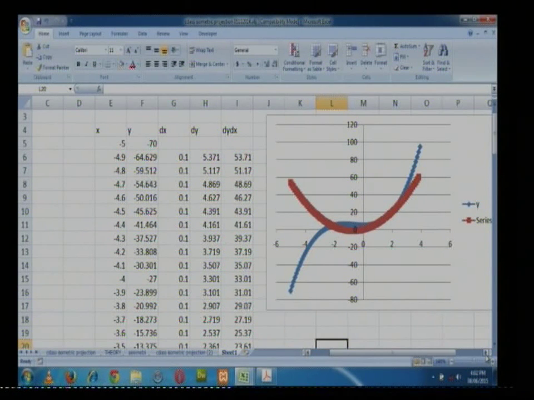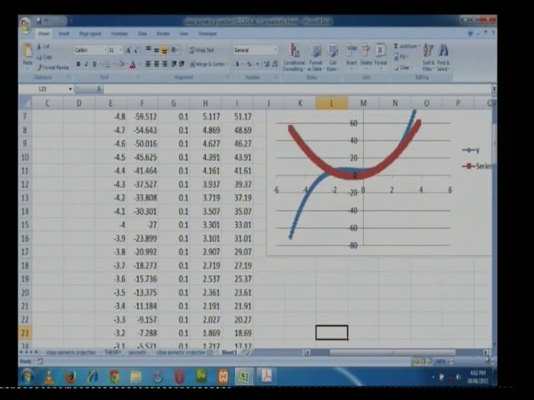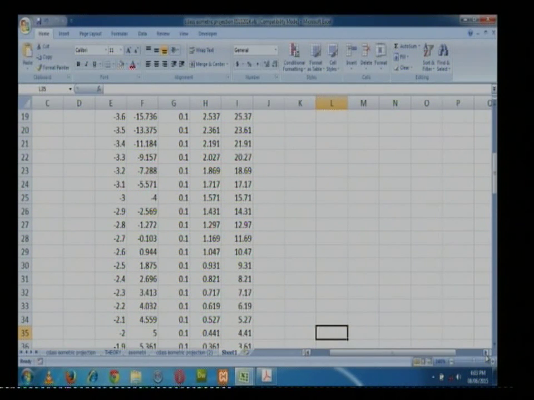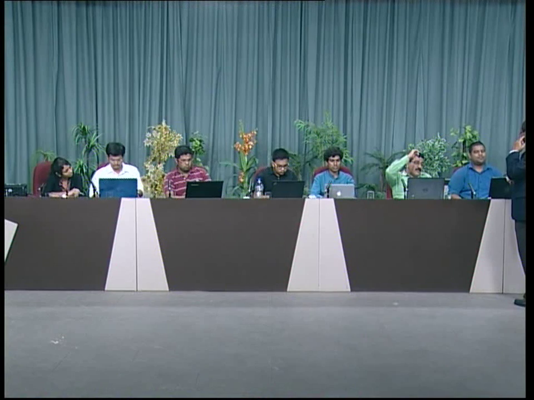I can tell you what is the slope at minus 2. Minus 2? 4.41. Very good. What is it telling actually? There is an increasing line with a slope of 4.41.